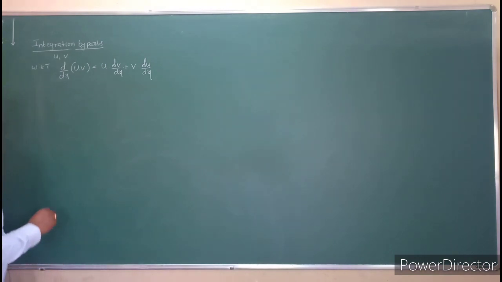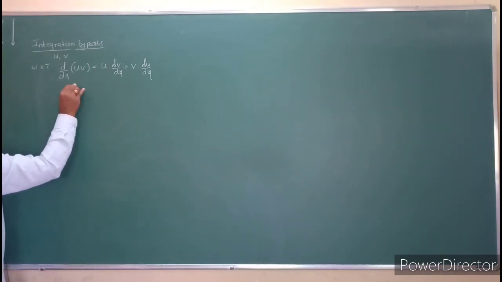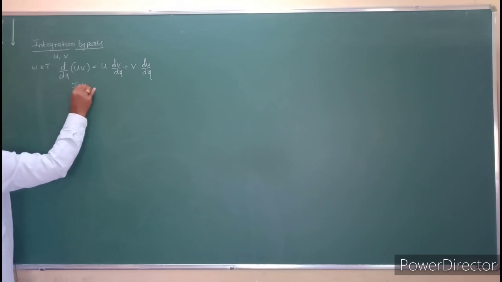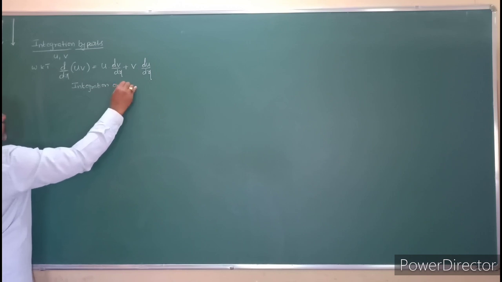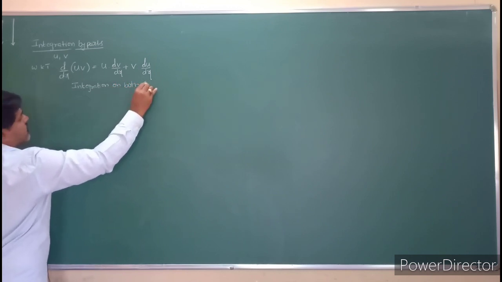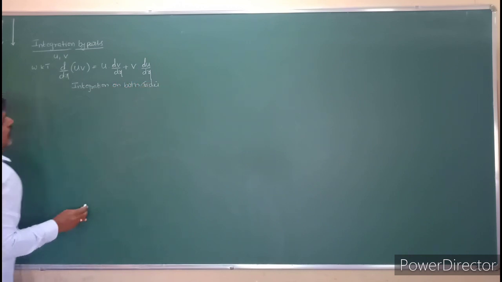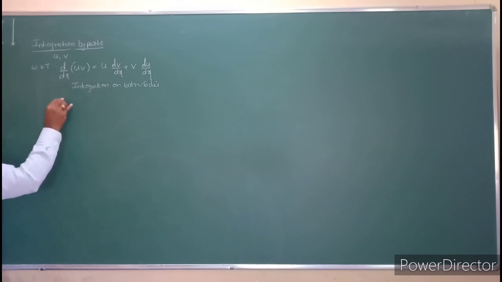Already we know this. So here what I am doing is integrating on both sides. What happens? The derivative will be cancelled. If you apply the integration, the derivative will be cancelled, and you will get uv.